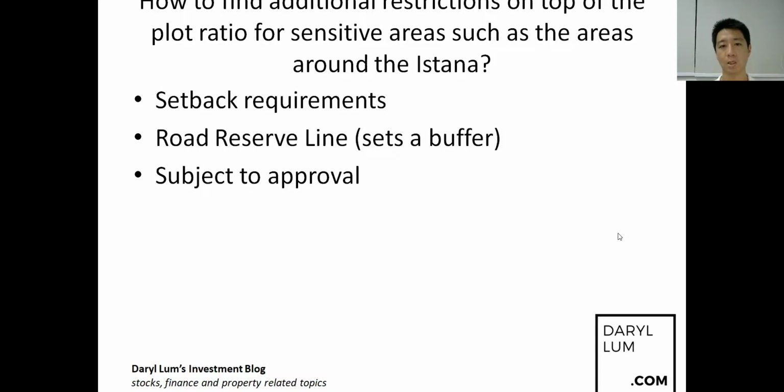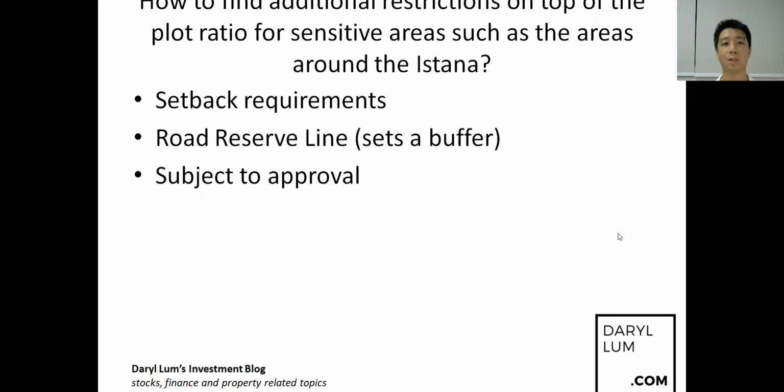So the starting point for where your housing block starts is set further away than for a minor road. If the road is very quiet, then by common sense URA will allow the developer to build a little bit closer to the road.